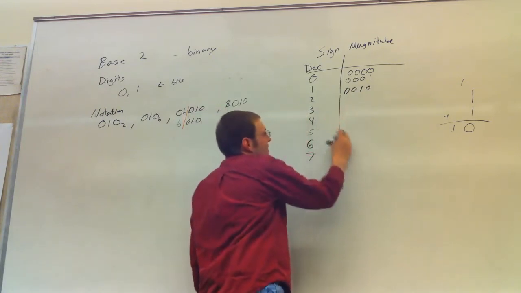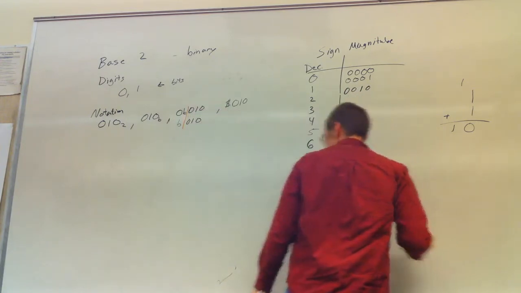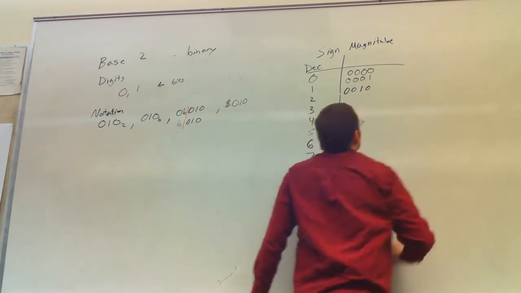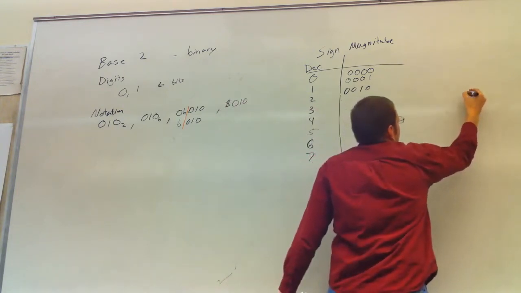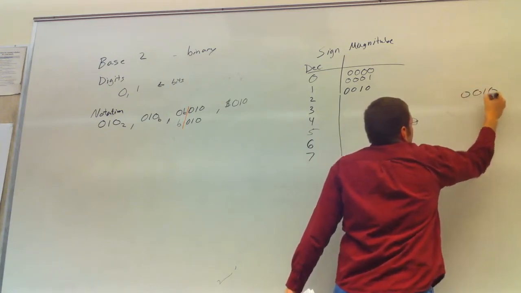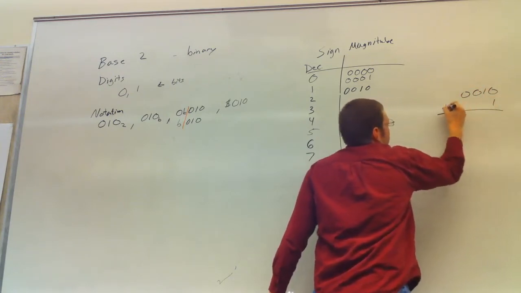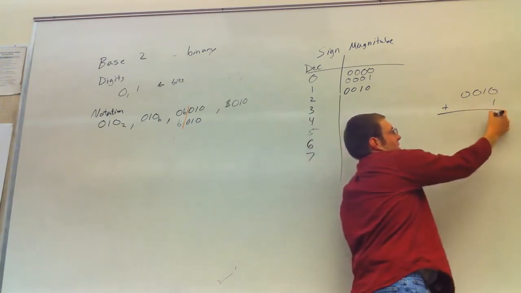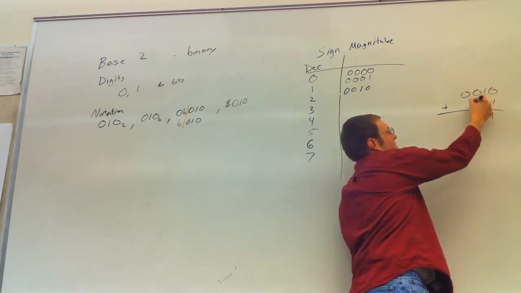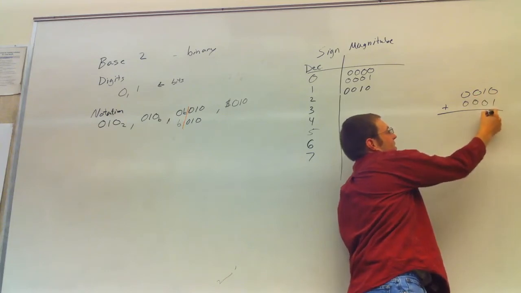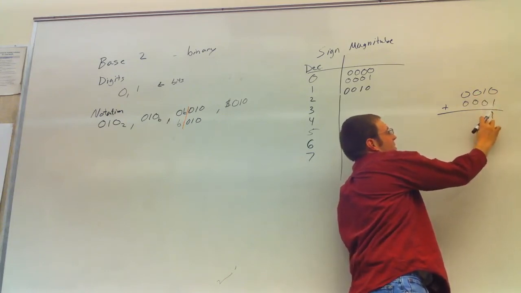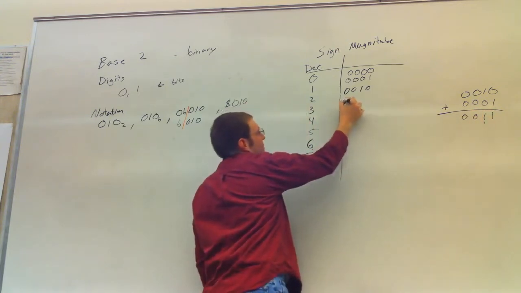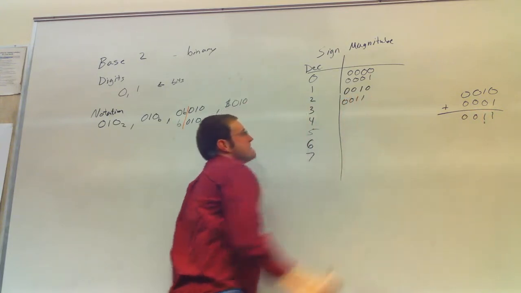Same thing with 3. Now we have this number and I want to add 1 to it. 0 plus 1 is 1. So 3 is represented by 0, 0, 1, 1.